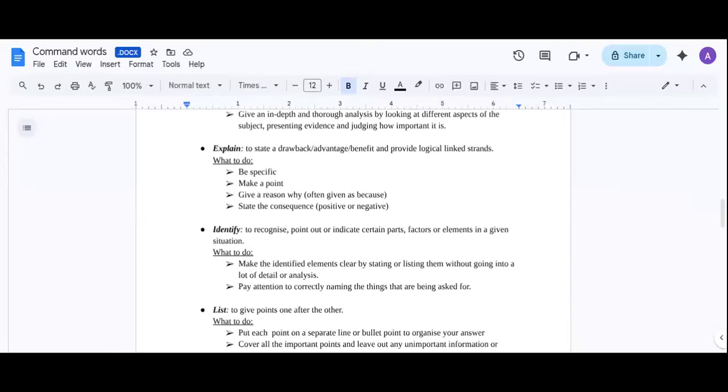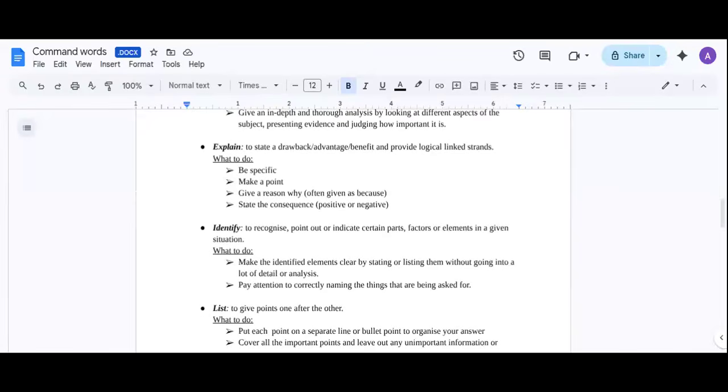Explain. We know how to. So explain: to state a drawback, advantage, or benefit, and provide logical linked strands. What to do, or what we mean: be specific. Make a point. Give a reason why, often given as because, and state the consequence, positive or negative.